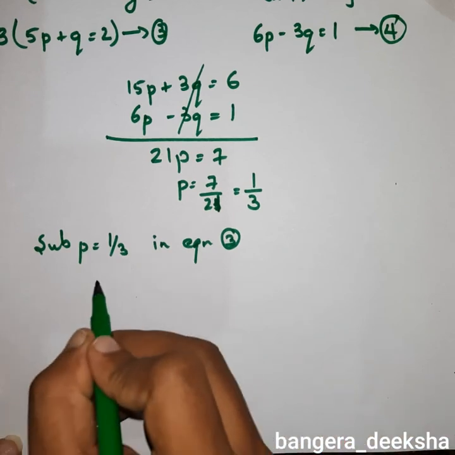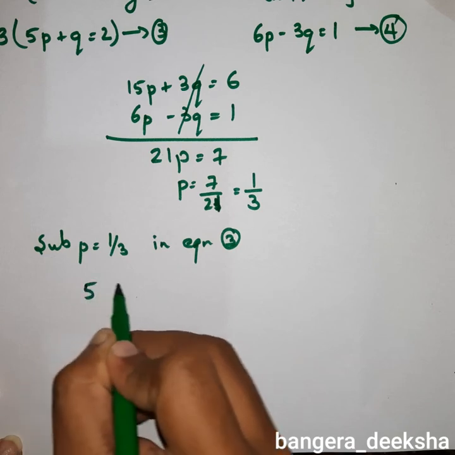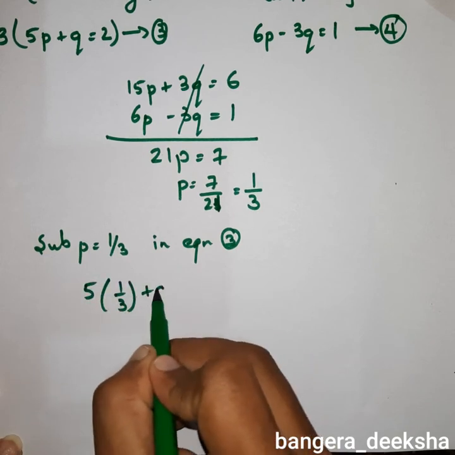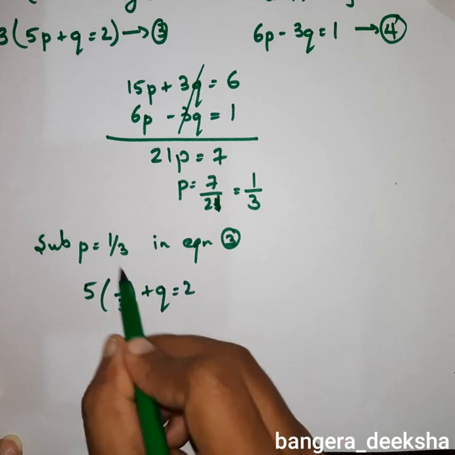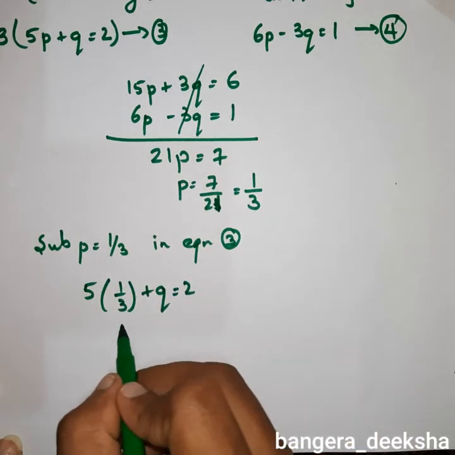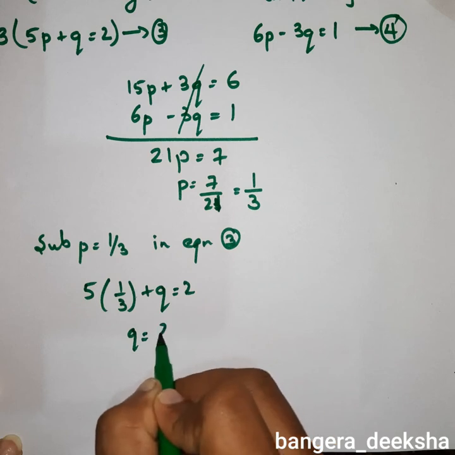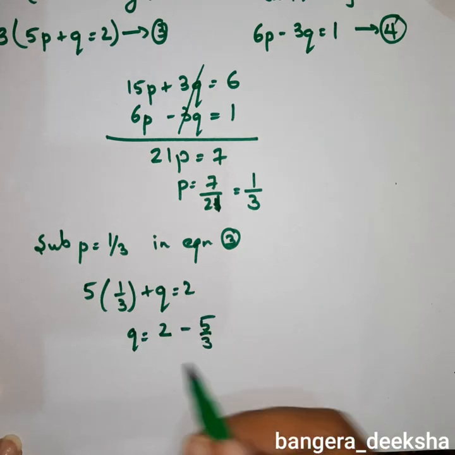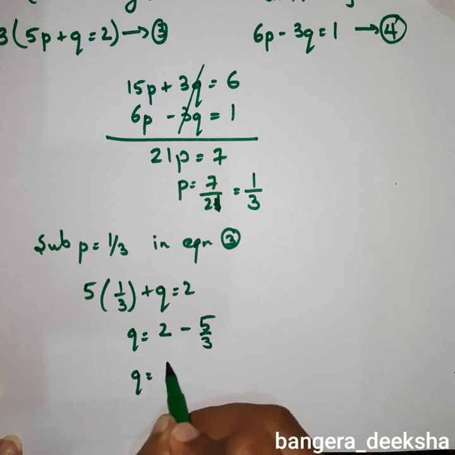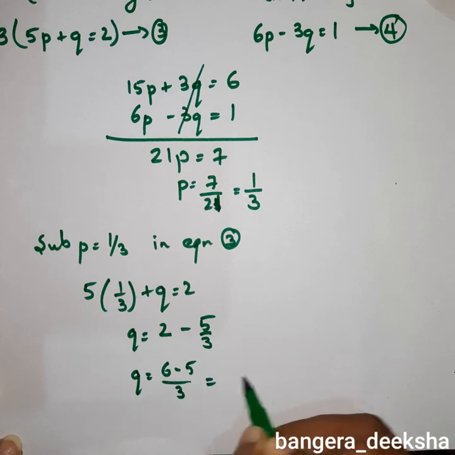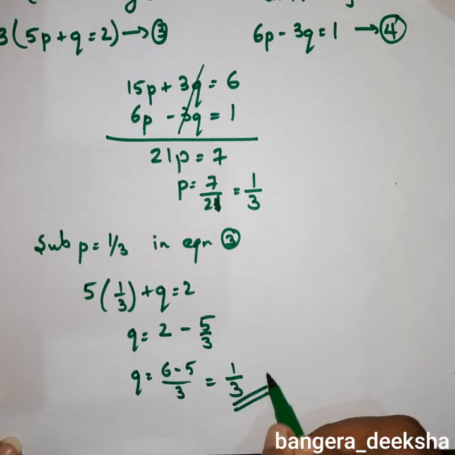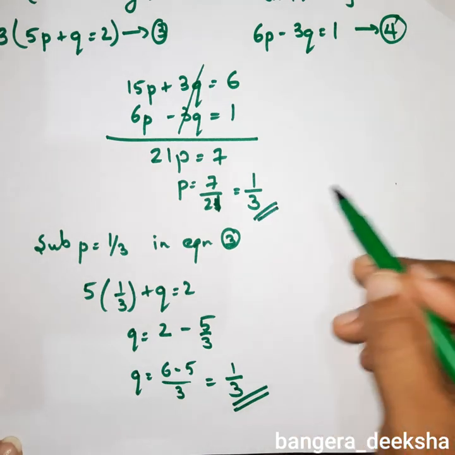So that would make it 5 into 1 by 3 plus q is equal to 2. So this term will go to the other side. So I have q is equal to 2 minus 5 by 3. Taking LCM, I'll get q is equal to 6 minus 5 by 3. That is nothing but 1 by 3. So this is our p and q value.